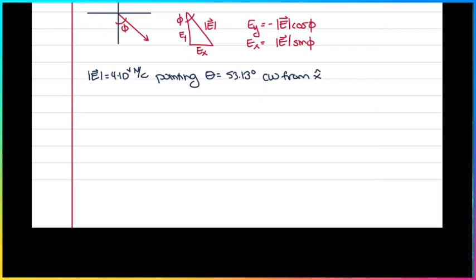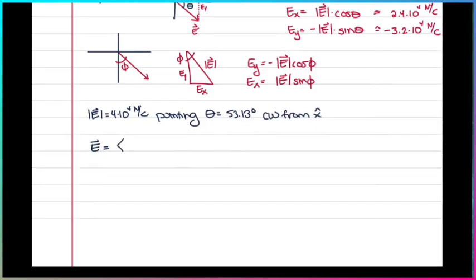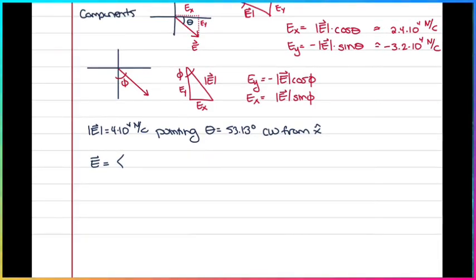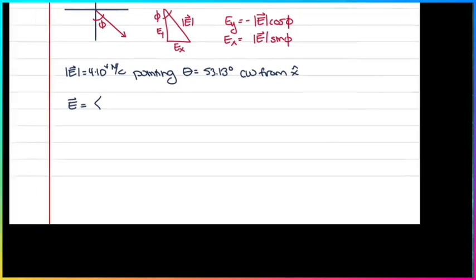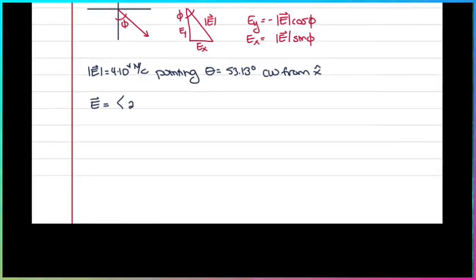Or we could write it as the vector E, we said it was 2.4 times 10 to the 4 newtons per coulomb in the x direction, and negative 3.2 times 10 to the 4 newtons per coulomb in the y direction, with that negative sign because it points to the right and down.